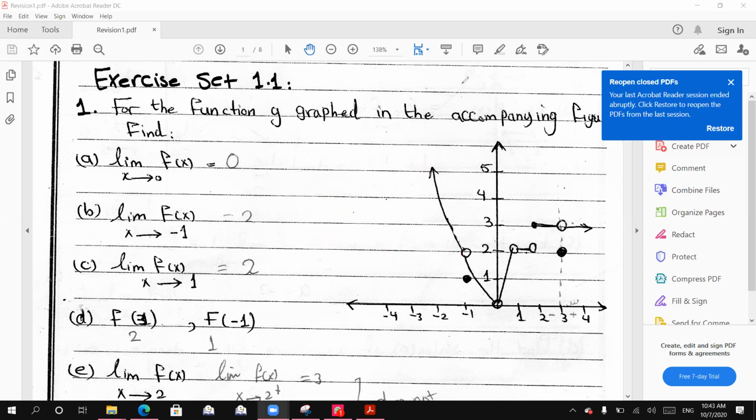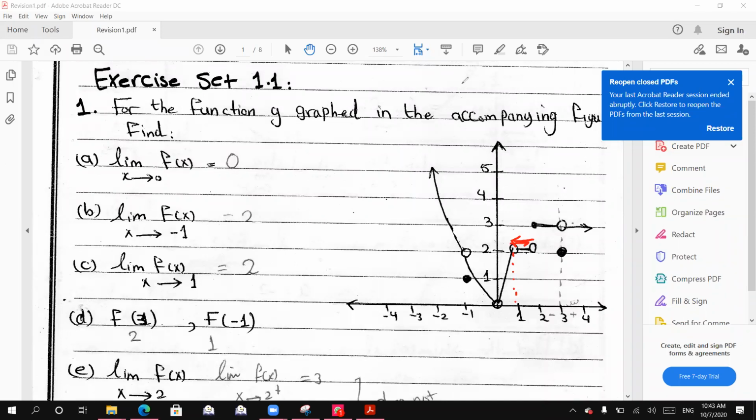Now, let's find C. When x approaches 1, where is number 1? Here is number 1. I want now limit f of x when x approaches 1, but now from the right. The value approaches what? 2.